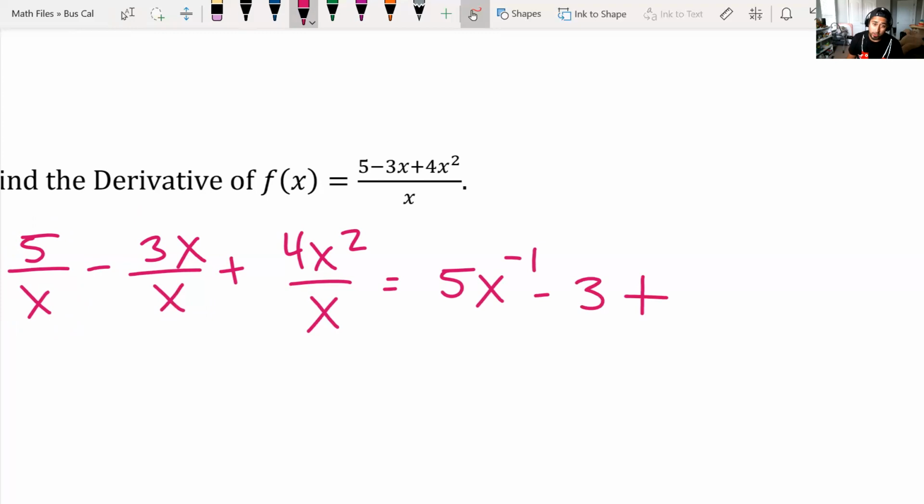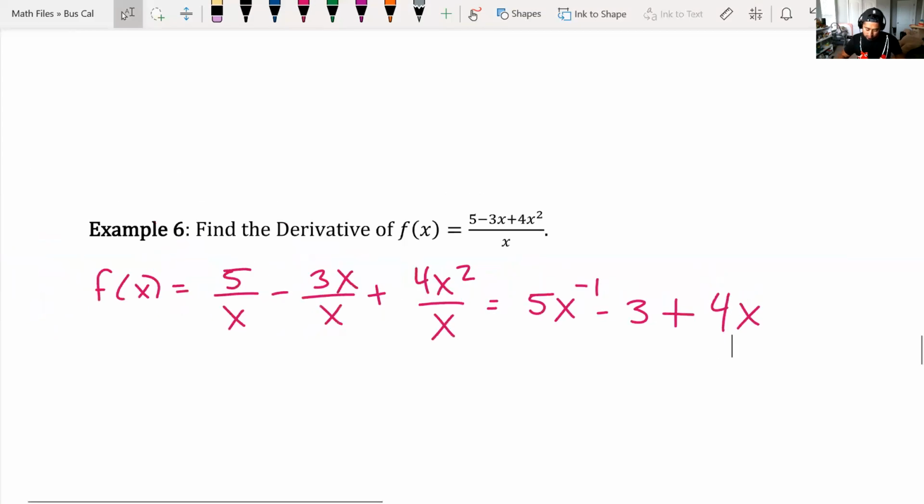Plus 4x squared over x. This x squared and that x will cancel and leave me with 4x. And we are now ready to take the derivative. This function is now in proper form.